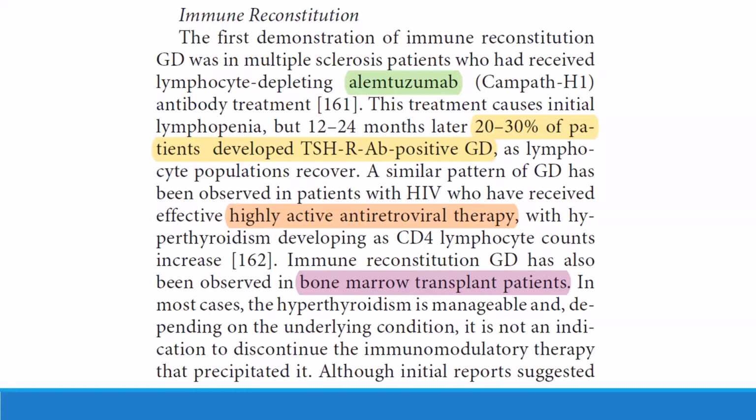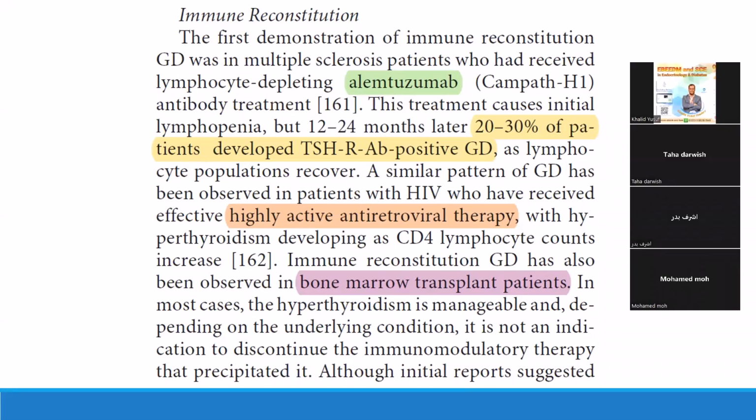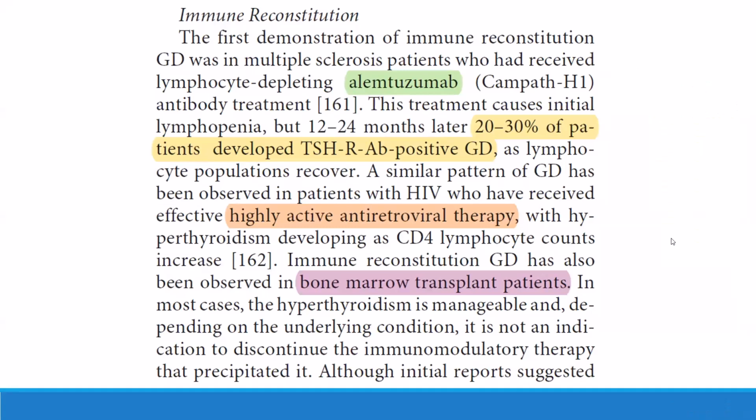Actually, the immune reconstitution drug alemtuzumab is a very important drug used for the management of multiple sclerosis, and this is actually a recent topic. So in the exams they will ask a question about this drug, and also about immune checkpoint inhibitors.